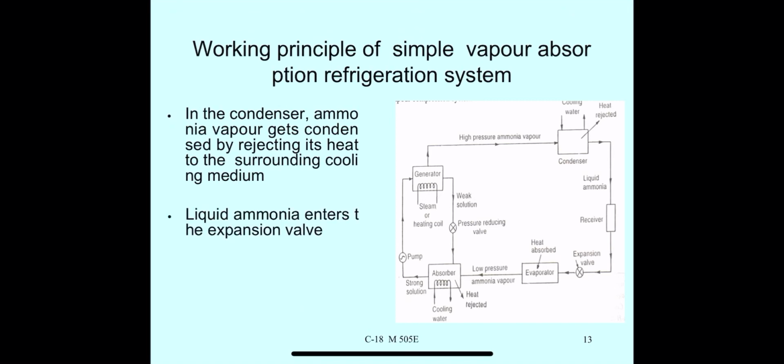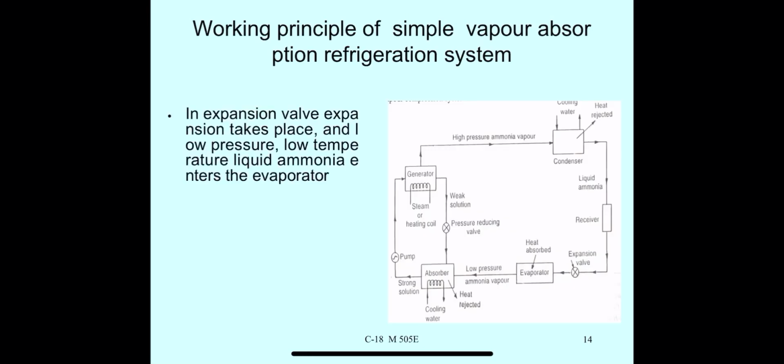The liquid ammonia enters the expansion valve. There expansion takes place, and low pressure, low temperature liquid ammonia enters the evaporator through the receiver.